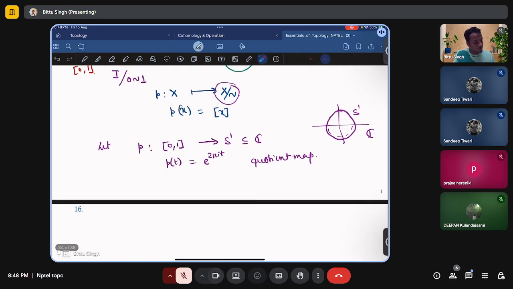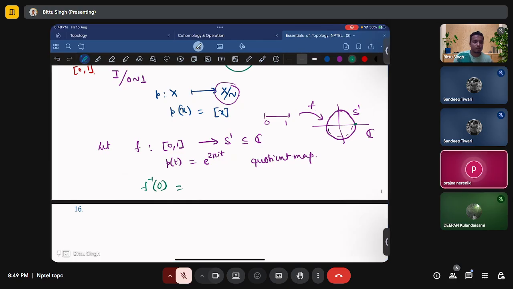Now, can you see what is the preimage of some point? So I am mapping from the interval 0 1 to this circle. So let me denote it by f instead. Can you see what will be the preimage of this point? What will be f inverse of 1? 0 and 1.